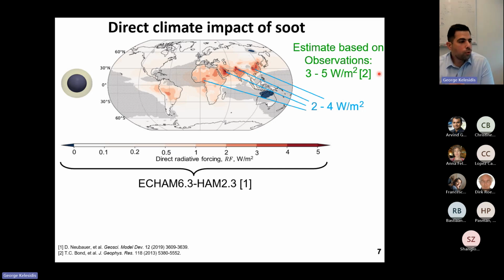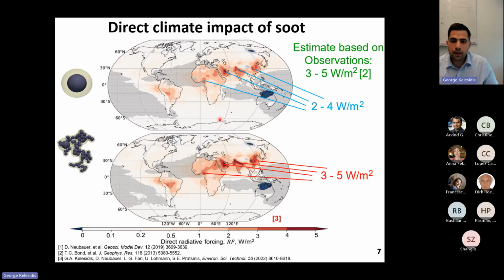So here we actually run exactly the same global climate model, but this time we accounted for the realistic agglomerate structure of soot using simulated soot agglomerates from our discrete element model. So when we account for the agglomerate structure of soot, the direct radiative forcing increases globally by 25 to 50%.